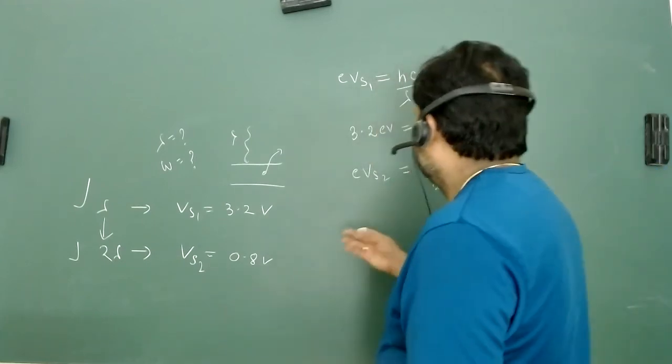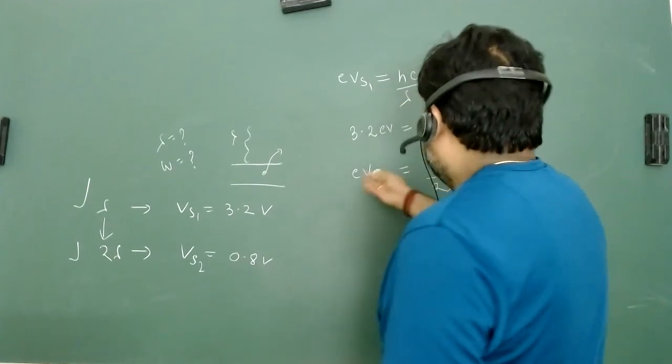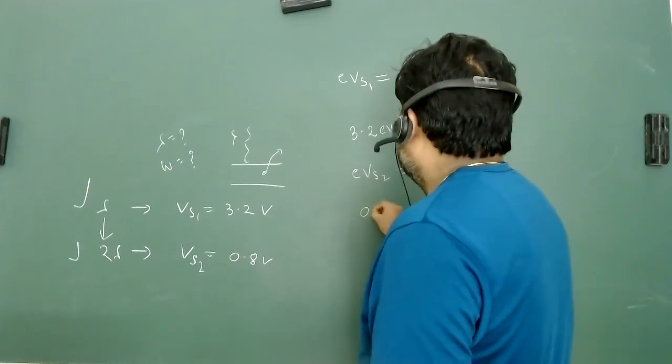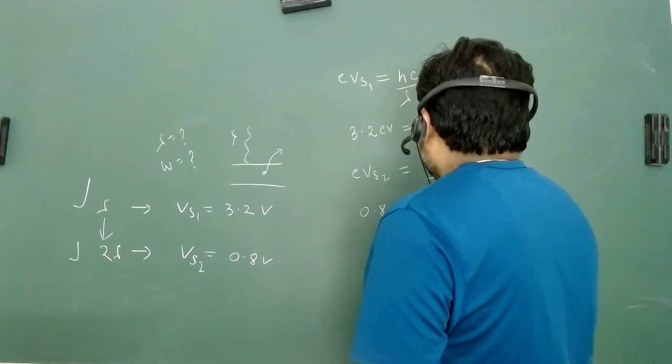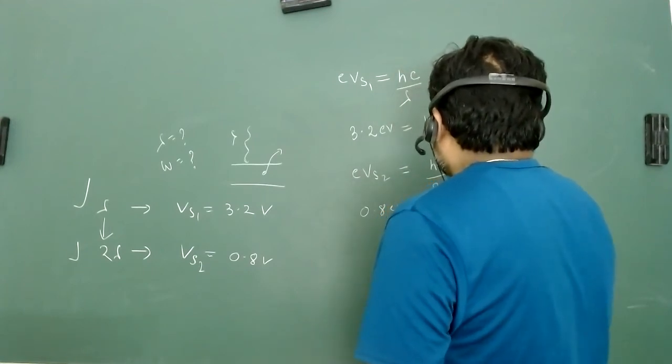So 0.8 electron volt is equal to hc upon 2 lambda minus work function.